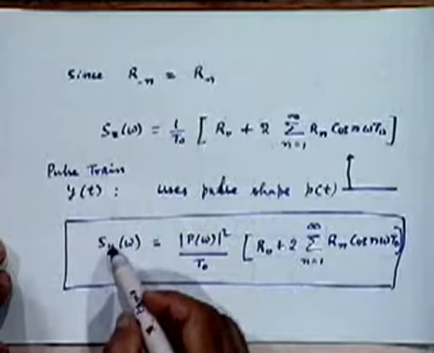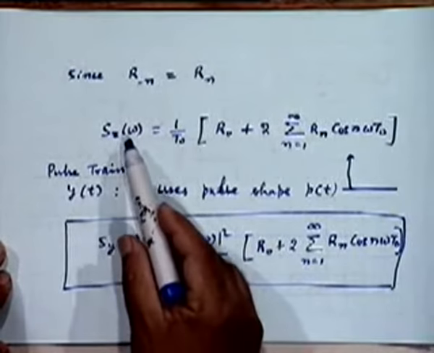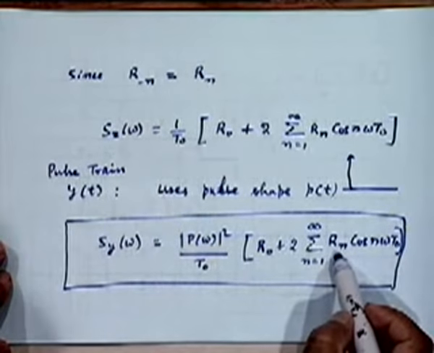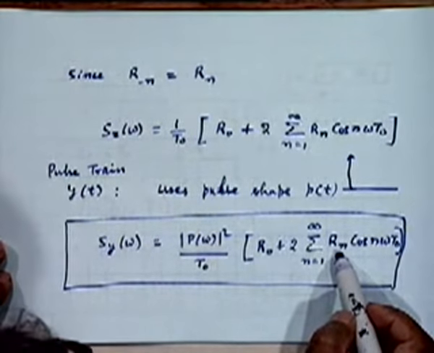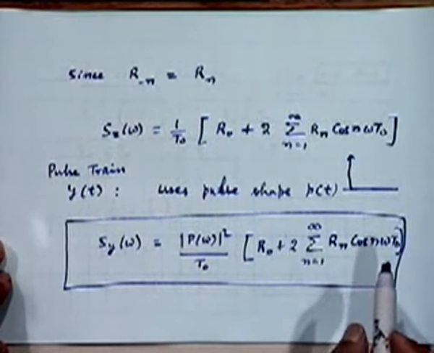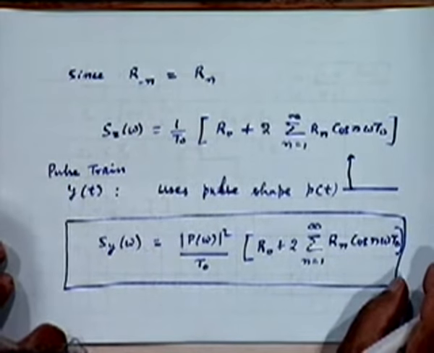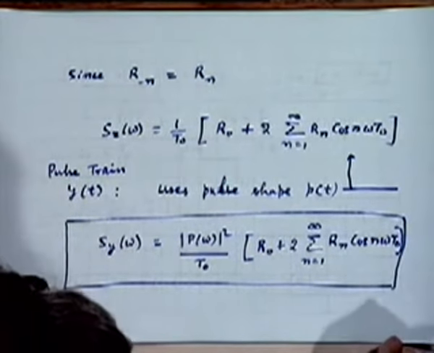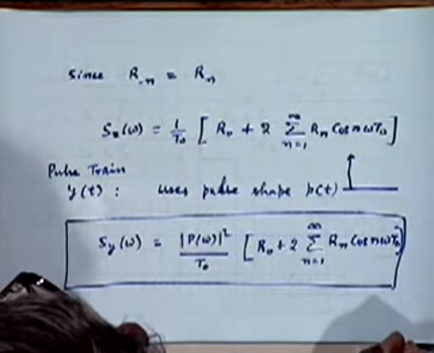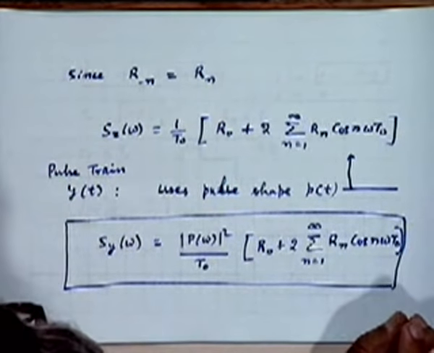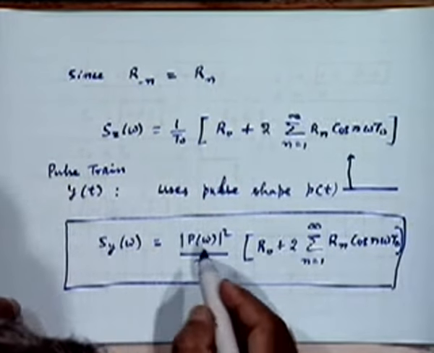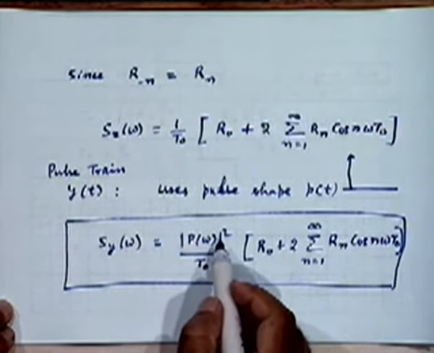The power spectrum of S_x or S_y depends on these R_i or R_n, and R_n in turn depend on that summation a_k into a_{k+n}. So the specific data sequence that you are transmitting is going to have an important bearing on the power spectrum that finally results, not only just the pulse shape, which is just a multiplying factor.